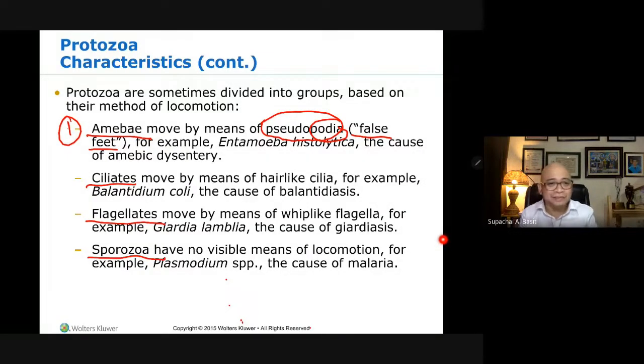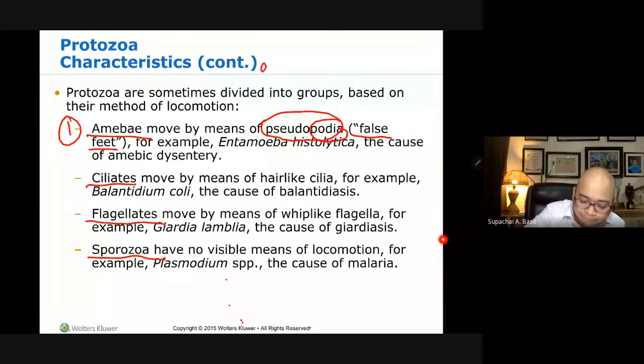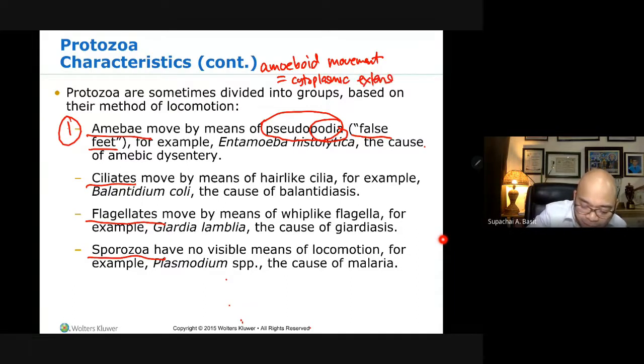These are not really feet; the amoeboid movement is just a cytoplasmic extension.